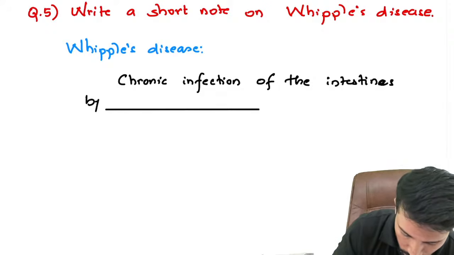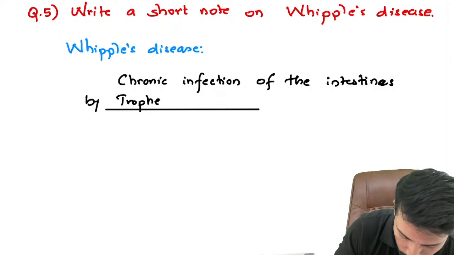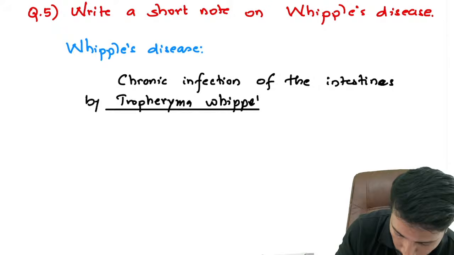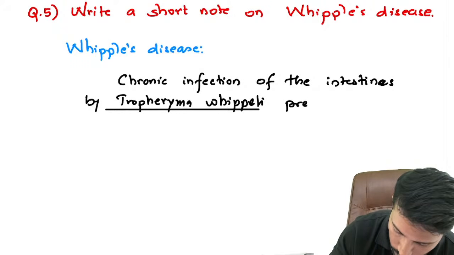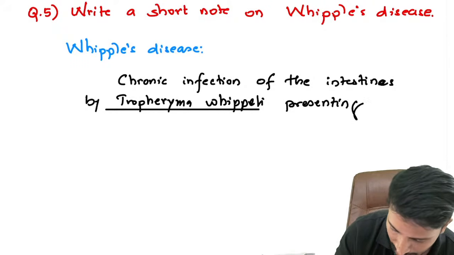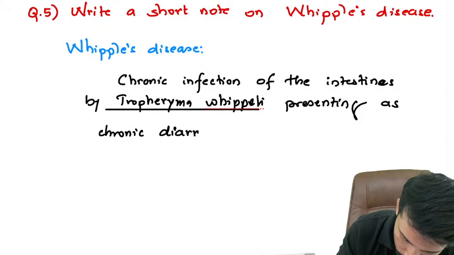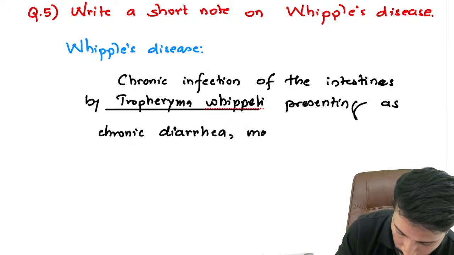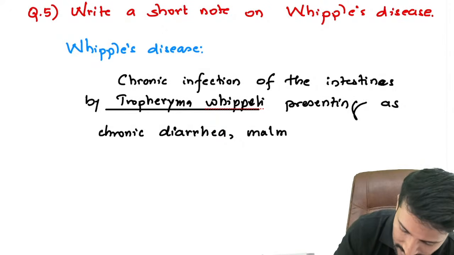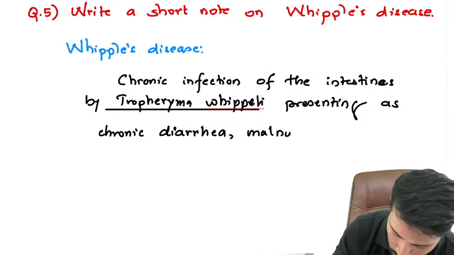An organism called Tropheryma whipplei, presenting as chronic diarrhea, malnutrition, and certain extra-intestinal complications.